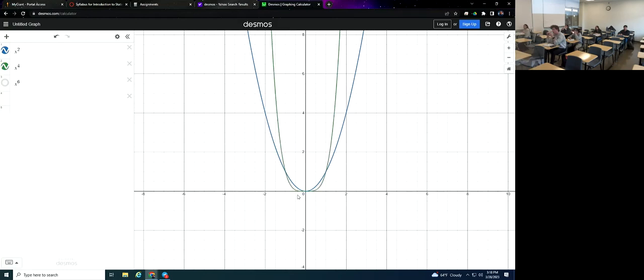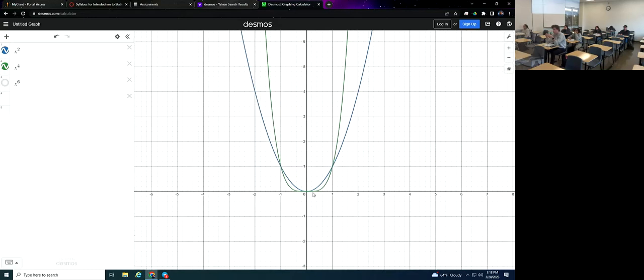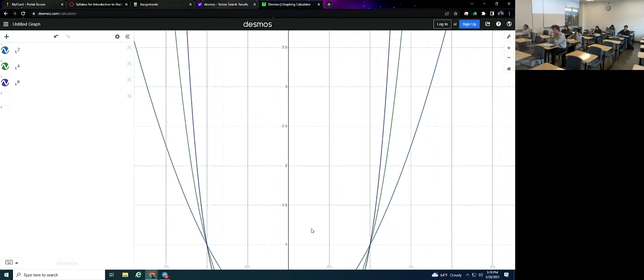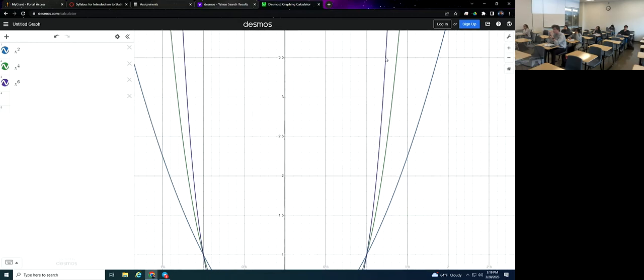When we do x to the 4th, the green one, notice it's a little flatter near 0, but then as it goes past -1 and +1, it starts going up higher quicker. If I slap in x to the 6th, it's even flatter near 0 in both directions, but when we get past 1, it starts getting higher quicker. So for any value past 1, the x to the 6th line is above the x to the 4th line, which is above the x squared line.